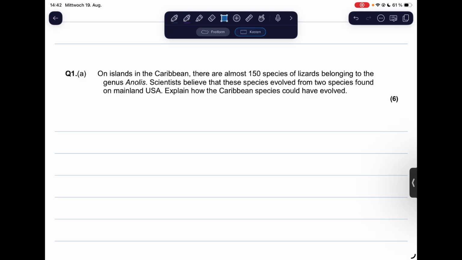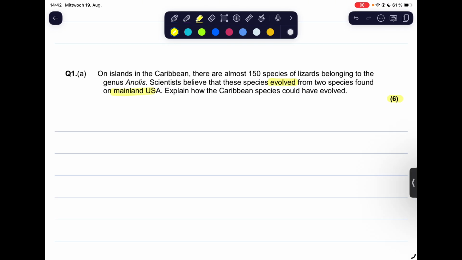Let's now see an example of this in practice. So here we have a 6-mark question. The high tariff questions are often a sign that it's a recall question, and we're asked about the evolution of species.